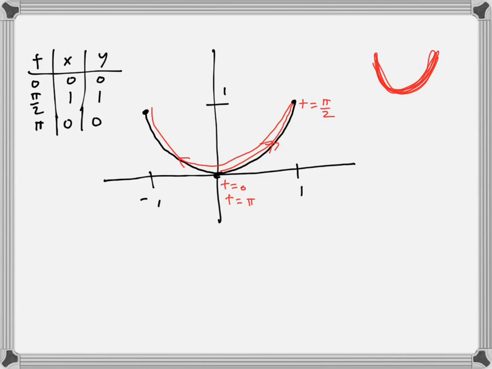And then at 3 pi over 2, sine is -1, but sine squared is 1. So -1, 1, we reach the top of this. So let's write that down here. This is t equals 3 pi over 2. And then when we plug in 2 pi, we're back to 0, 0.